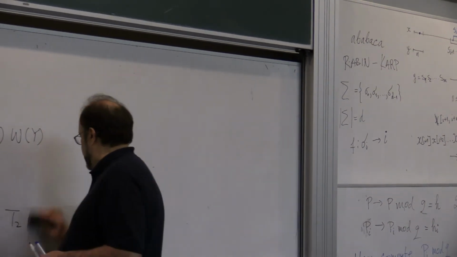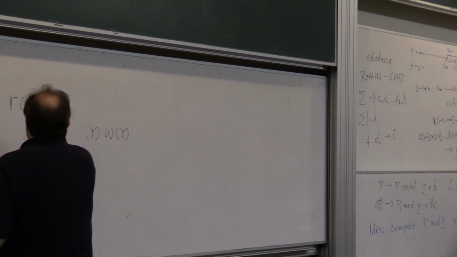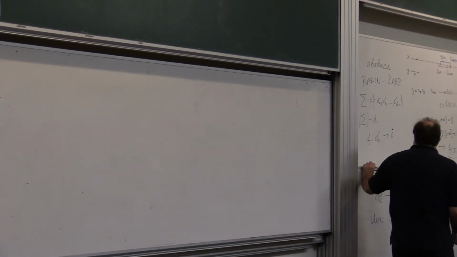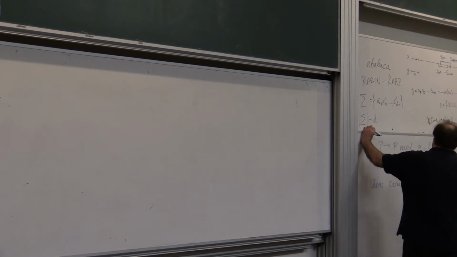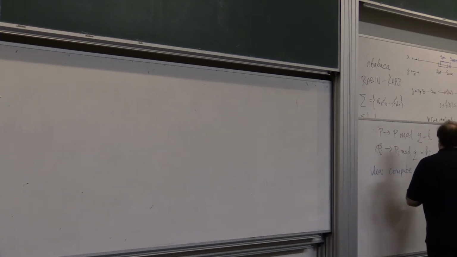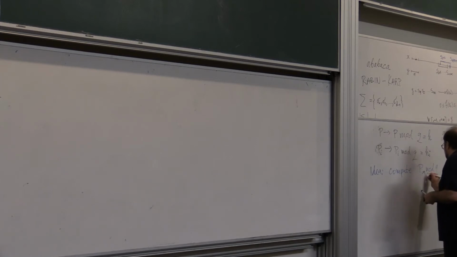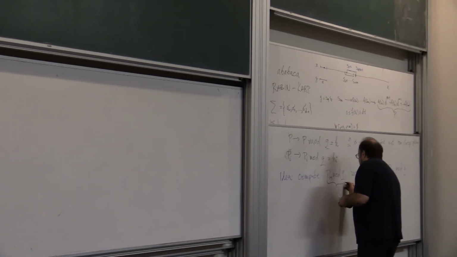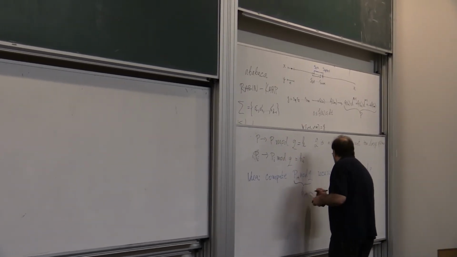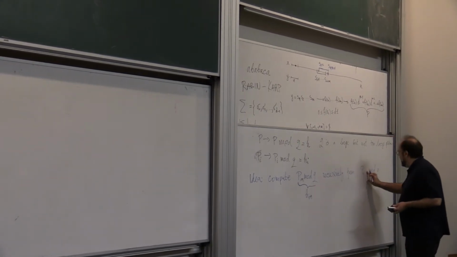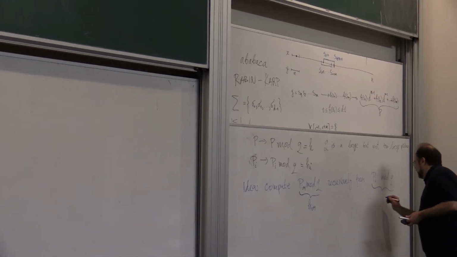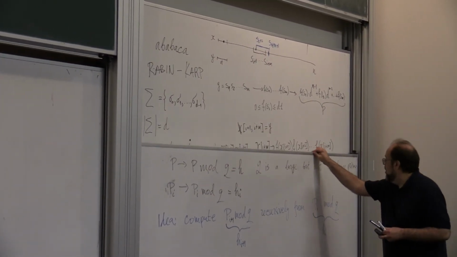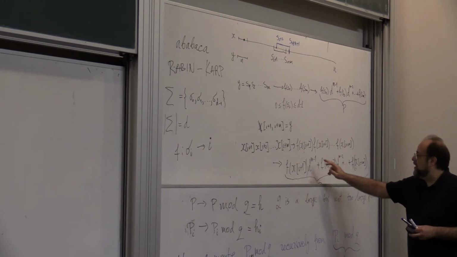So the first, or maybe because of the picture, it would be better to say the idea is to compute pi plus 1 mod q, which would be hi plus 1, from pi mod q, which would be hi. So let's just write down what hi is.